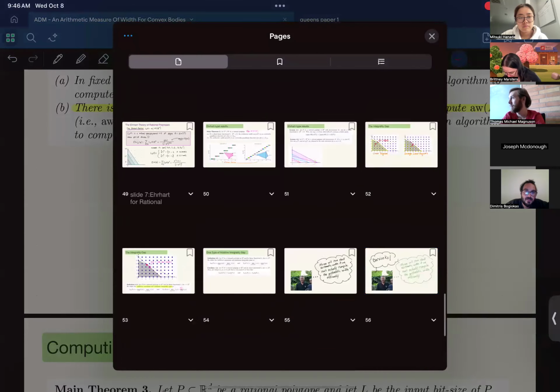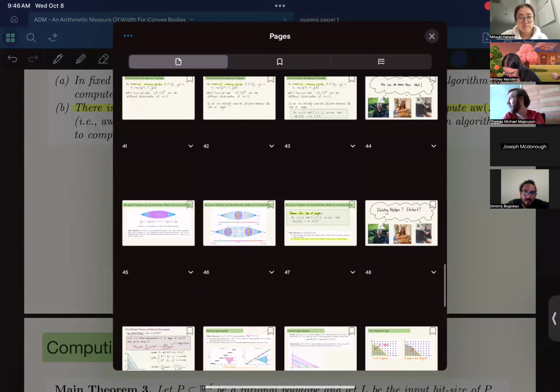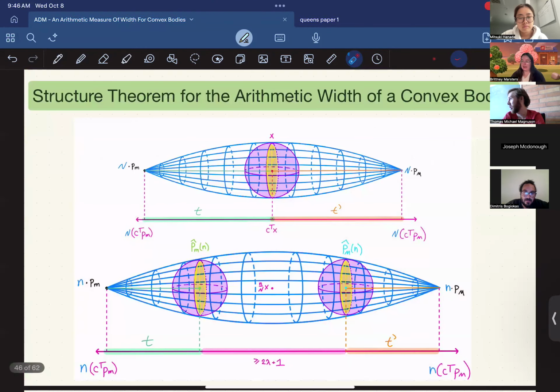Essentially, your convex body lives in some sublattice of the integer lattice, some coset. And that coset has a fixed step size when you hit it with your linear functional. That's the same sort of progression that you're going to be getting.